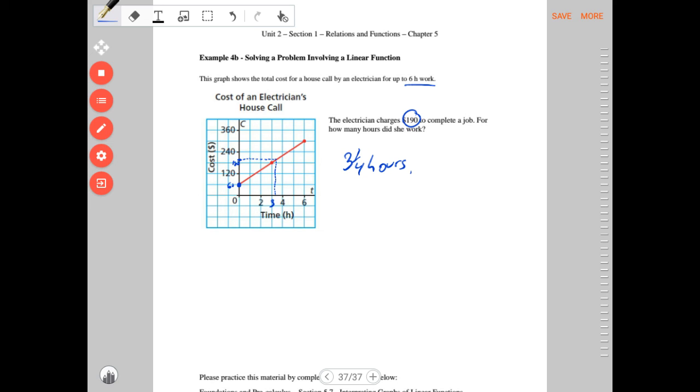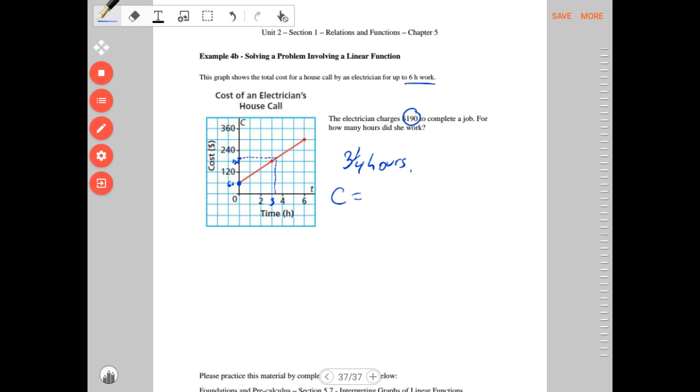So let's try making the equation again. This is where we use the vertical intercept. The cost for no time is $60. That means the electrician charges $60 just for showing up, and then so much per hour after. We don't want to just go up by 60 because that's not a nice point. Let's go up to the next perfect grid point, right here.